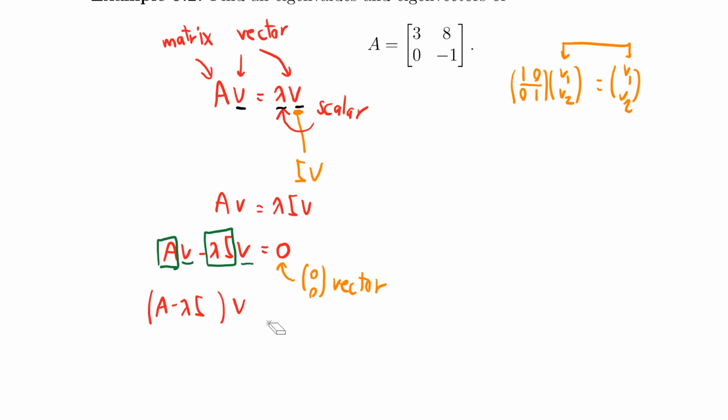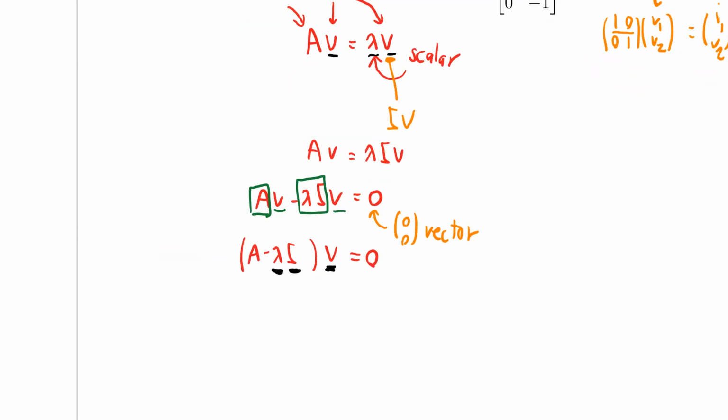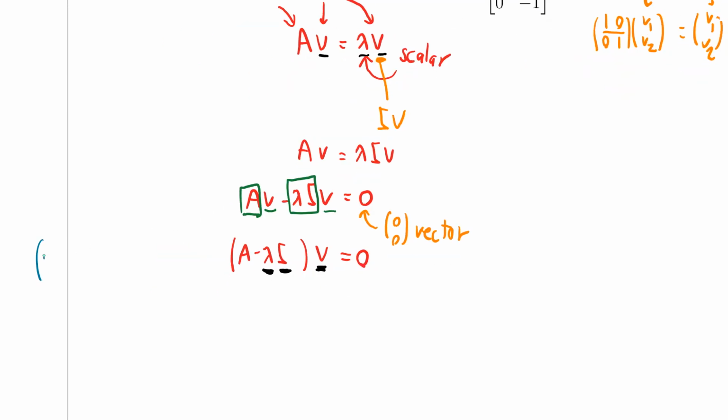Once again, let me remind you. This A is the matrix A that we have earlier. The lambda here is what we want to find. The I here is the 2 by 2 identity matrix. And the V here is the vector that we want to find. A is a 2 by 2 matrix.